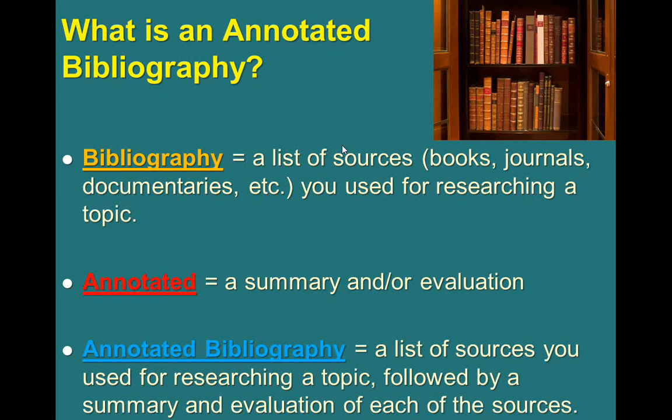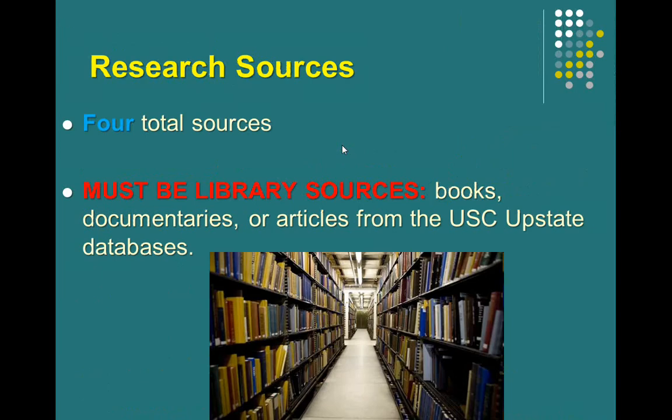So again, annotated bibliography means you've got a list of your sources, in the correct works cited format, meaning you've got all that information there in MLA format. But then underneath it, you've given extra information. You've got summaries and evaluations about those sources that you've used to research your topic.